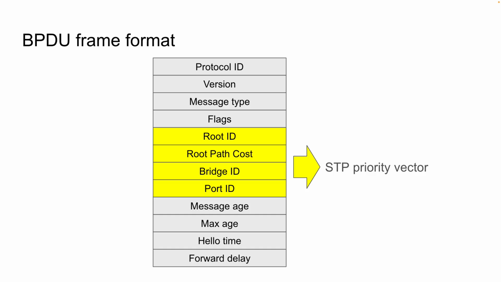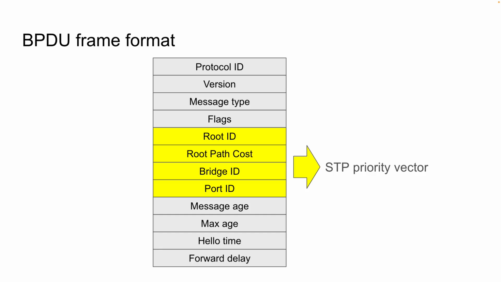Hello time, which by default is 2 seconds, and forward delay timer, which by default is 15 seconds. Forward delay is basically a parameter of the legacy spanning tree protocol, which is considered outdated in modern networks and is not used.